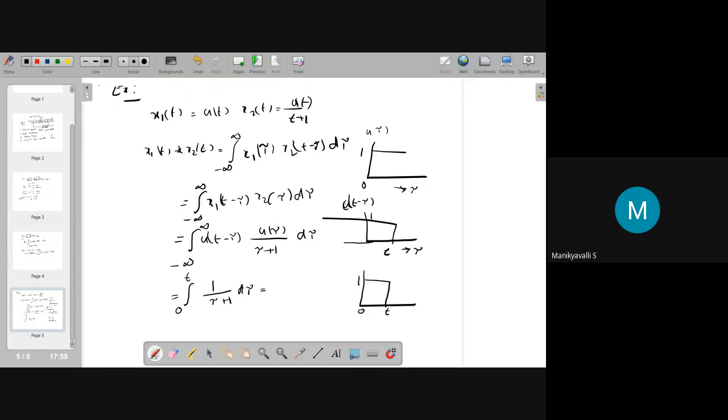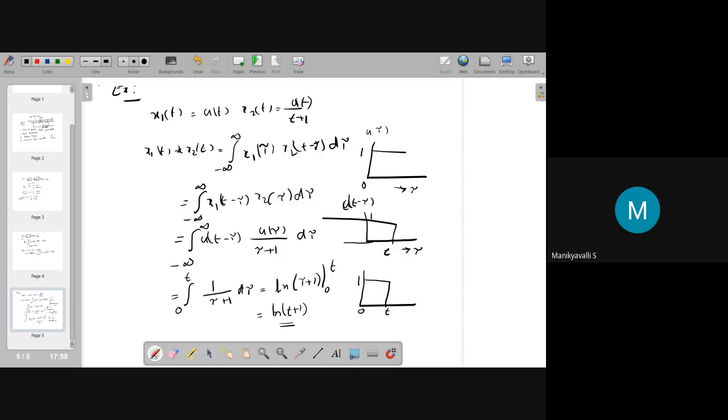Now the integral of 1 by tau plus 1 is equal to ln of tau plus 1 with limits 0 to t. That is equal to ln of t plus 1, right? Ln of 0 plus 1 is 0. So this is your convolution.